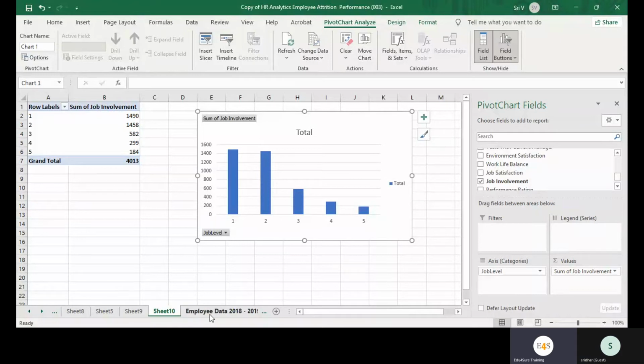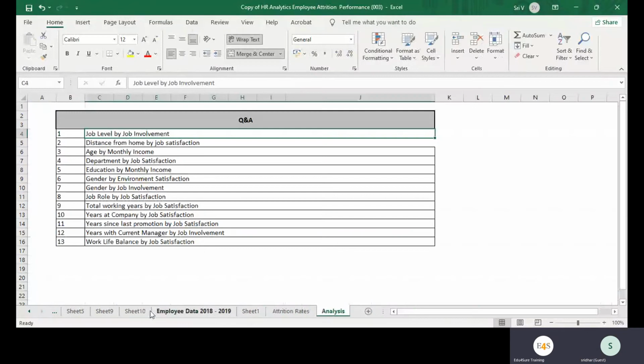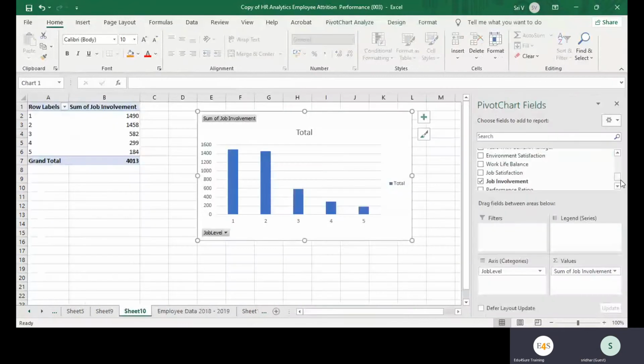Okay, look at the second point. Go to that analysis sheet and see the case: distance from home and job satisfaction.